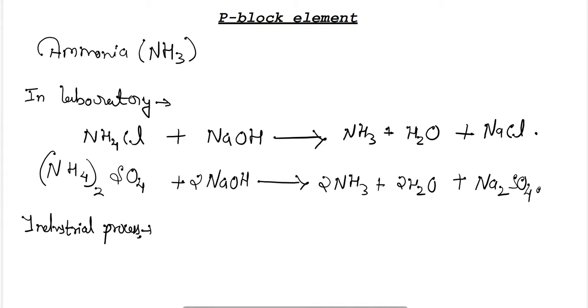The industrial method for preparation of ammonia is termed Haber's process.